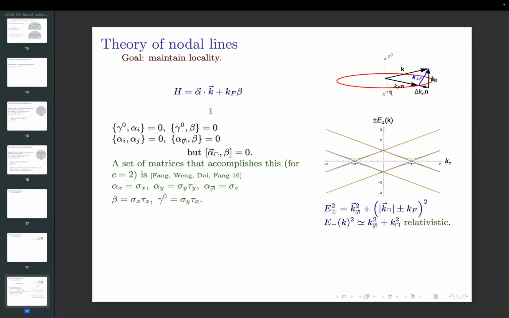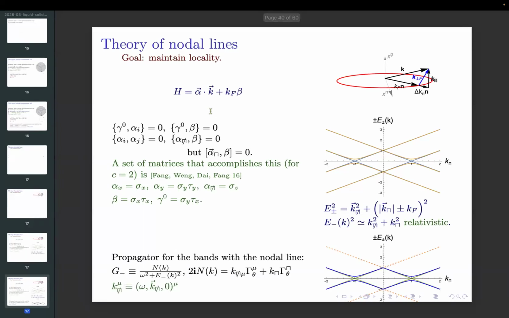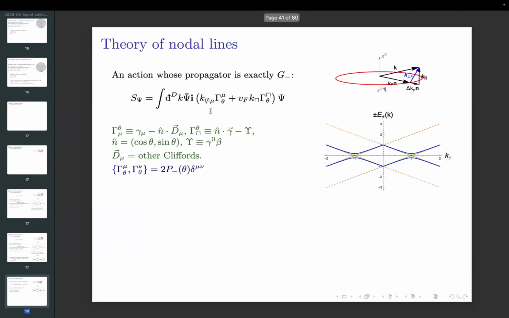And I'm going to have to say this very briefly, but this has 4 bands, and we figured out a way to project onto just the bands that have the nodal line. And we found the propagator for just those bands, and an action for that propagator, where these gamma matrices with the theta are slightly funny things.